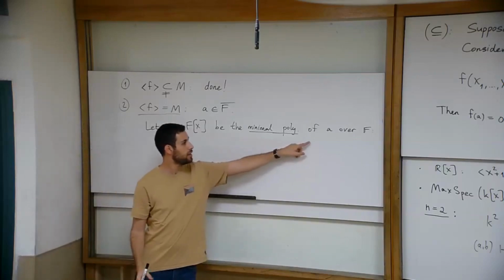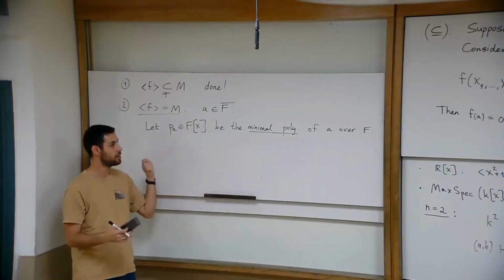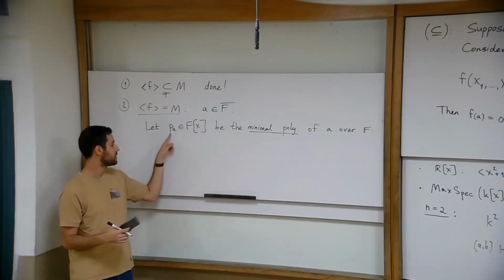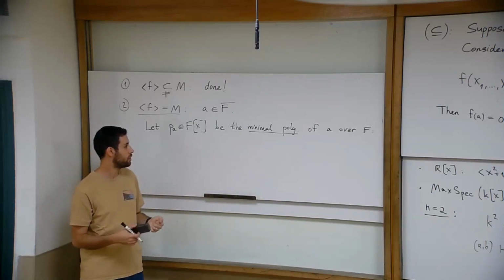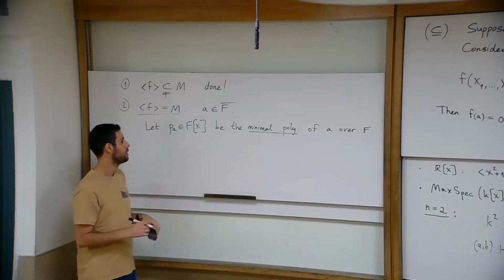The minimal polynomial of a is the unique monic polynomial of smallest degree such that a is a root of this polynomial. Such a polynomial exists and it is unique.